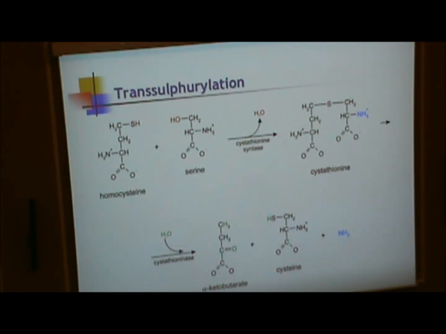Cystathionine contains a sulfur bridge between this carbon and this carbon. What happens next? Next, the cystathionine is submitted to the action of water and the enzyme which is called cystathioninase. A water molecule participates in this process.